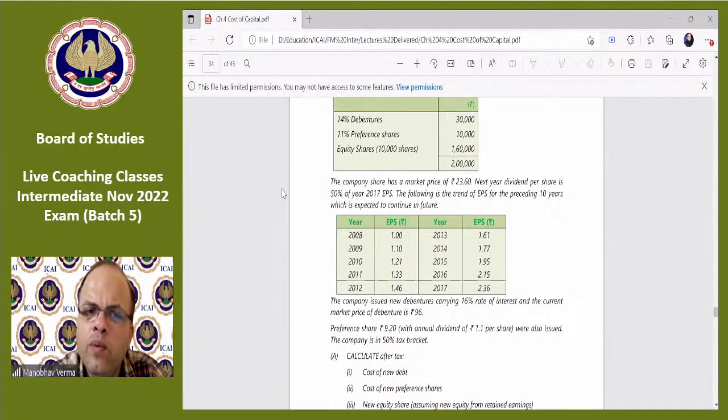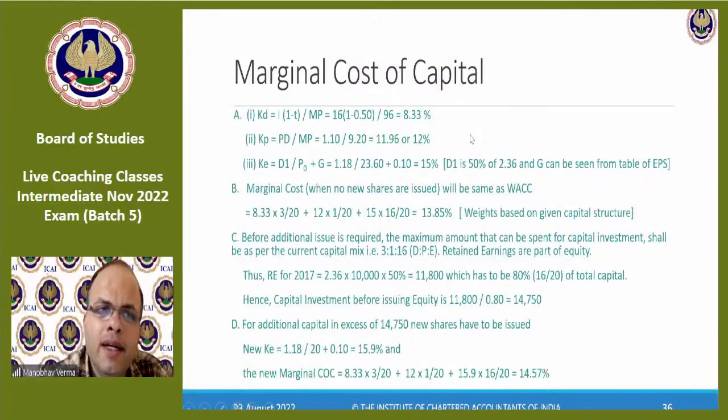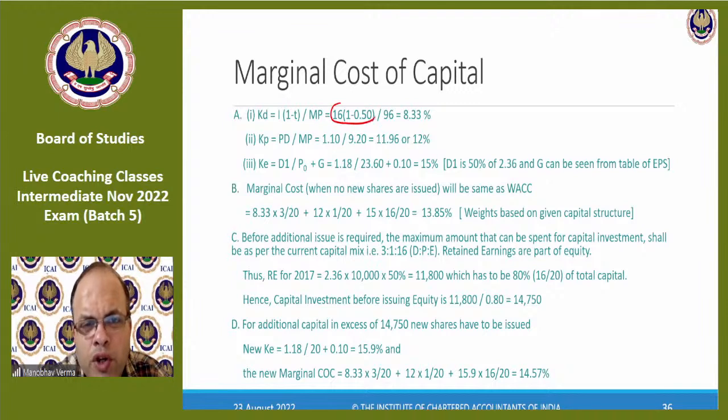For the new debt, we're talking about the net proceeds. I want everyone to keep that illustration handy with you. My cost of new debt is 16 multiplied by 1 minus 0.5, that's the tax rate, divided by the market price, which gives 8.33%. Everyone with me on this?